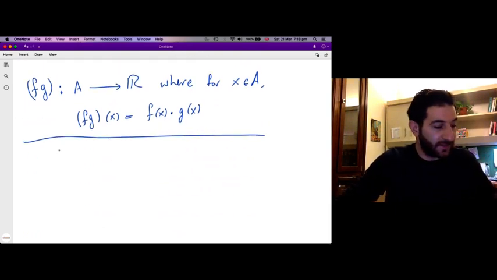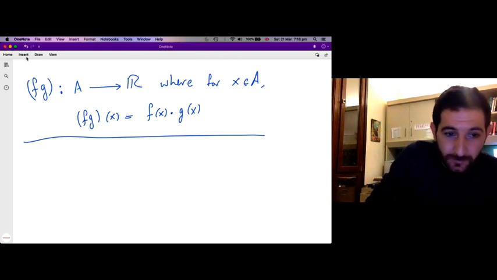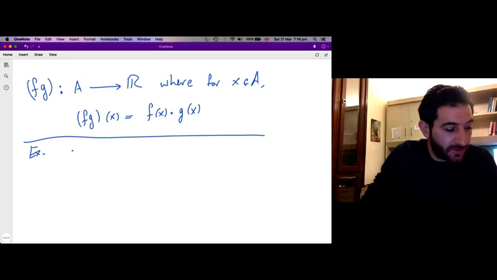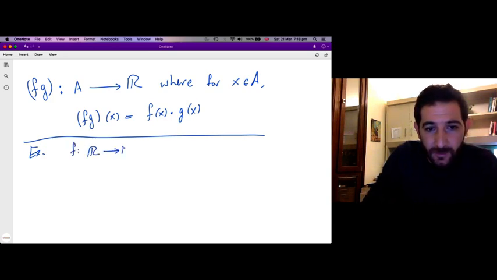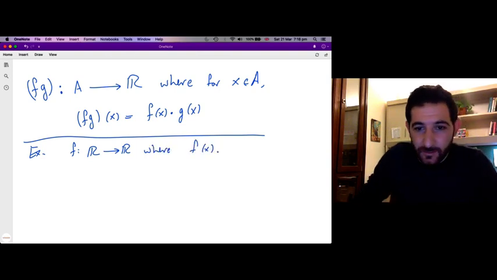Okay. Let's have an example on this. Suppose that f, again, is a function from R to R, where f of x is x squared.